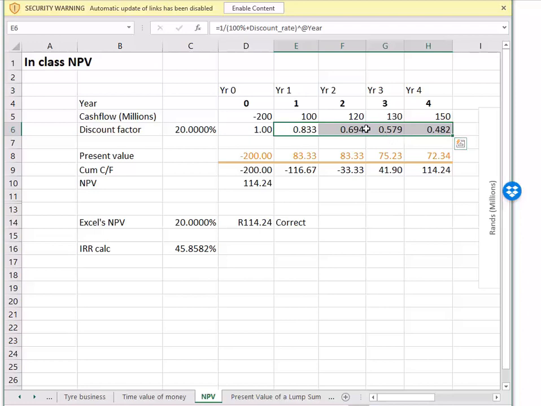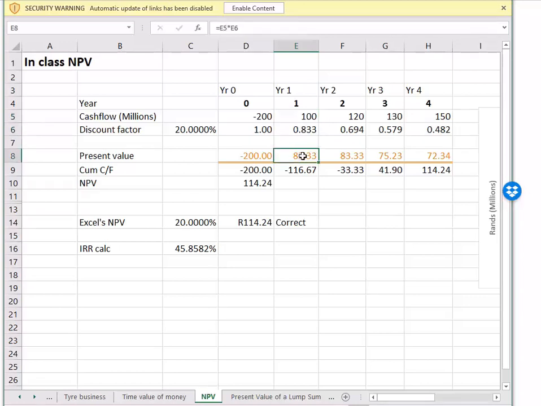So now what I'm doing is I'm multiplying the cash flow by the factor to get the present value. Because this money, this 200 million, is being spent now in this year, well, we can say multiplied by 1, it's worth 200 million because this is already present value. But let's go and get the present value for the 100 million that we are going to earn next year.